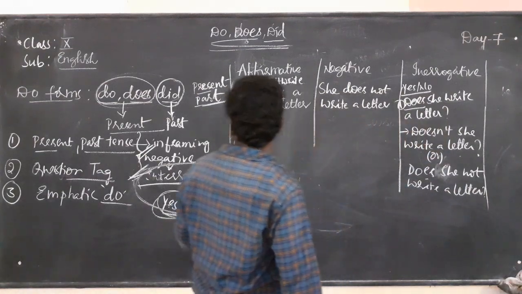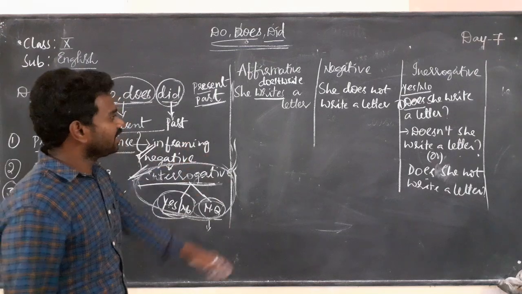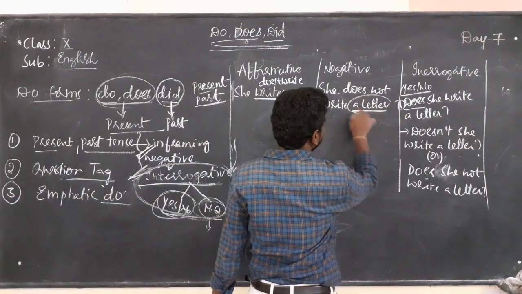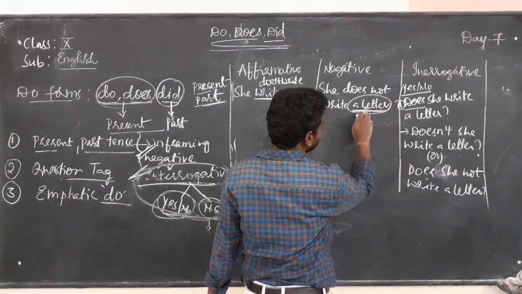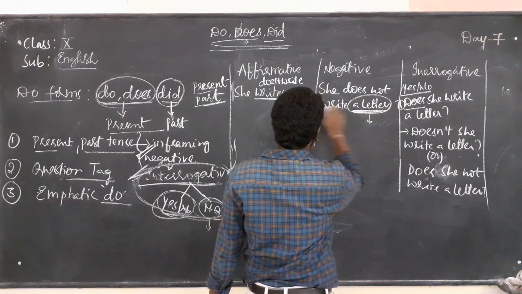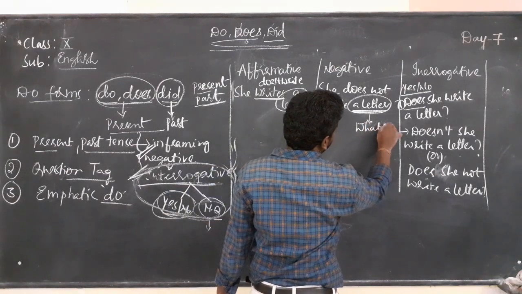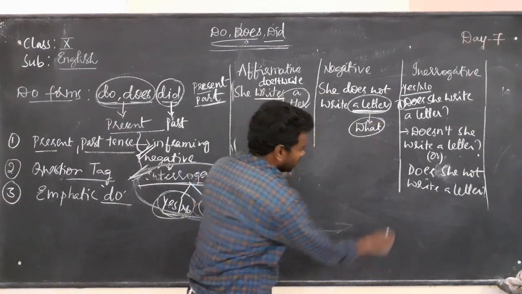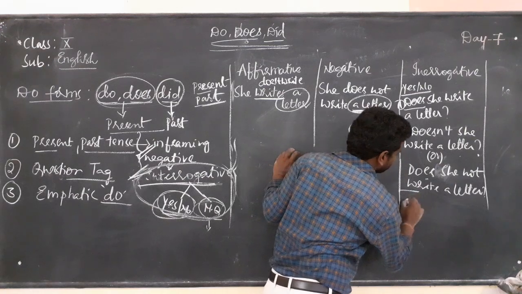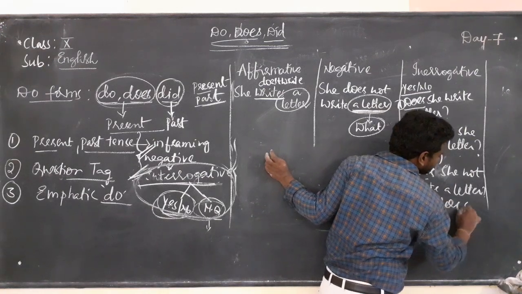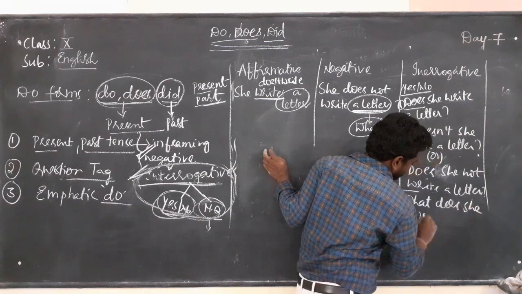And here, when you look at "write a letter," when I focus on "a letter," what will be the main question form of this? The WH question word is "what." So the question is: what does she write?